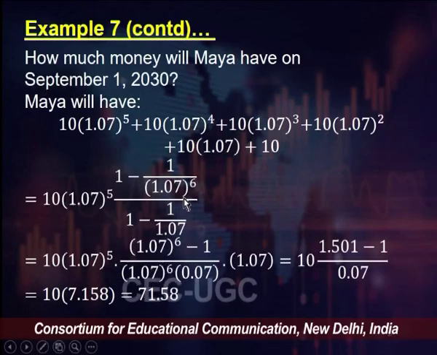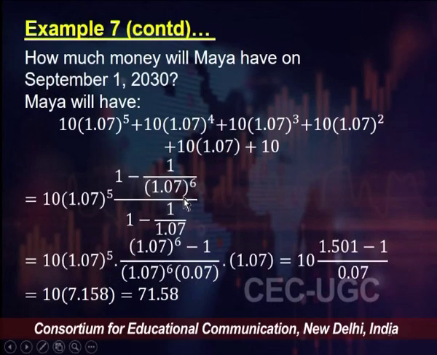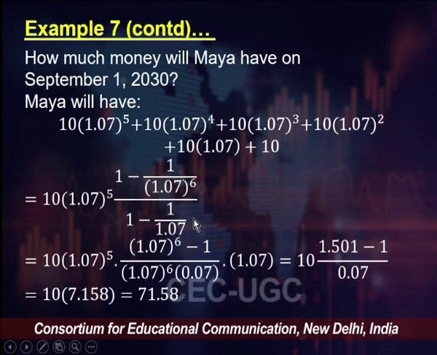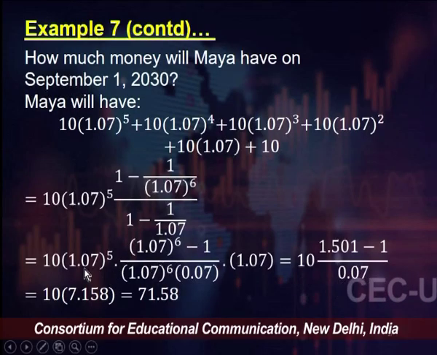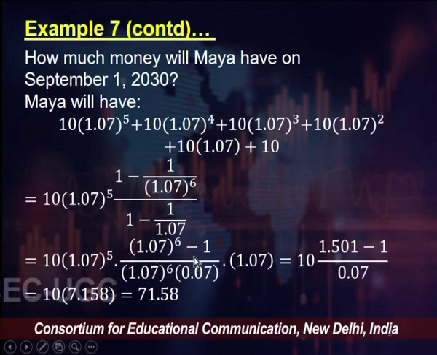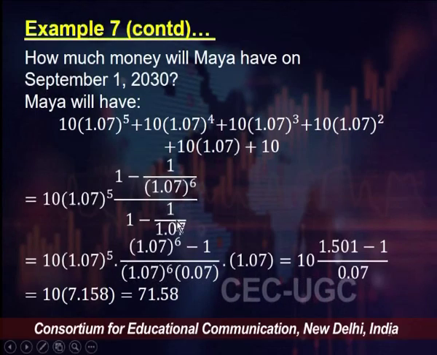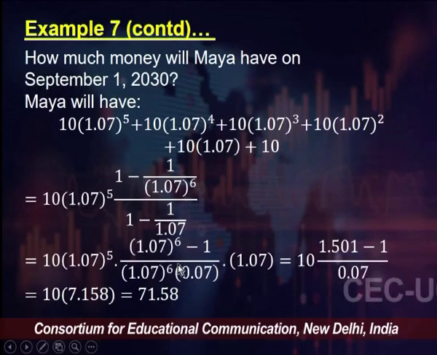So, here 1 upon 1.07 is the common ratio. So, I get 1 minus k to the power 6, there are 6 terms. So, 1 by 1.07 to the power 6, the whole thing divided by 1 minus 1 divided by 1.07, and that then gives you again the first term, then 1.07 to the power 6 minus 1, the whole thing divided by 1.07 to the power 6 as the LCM for the numerator.